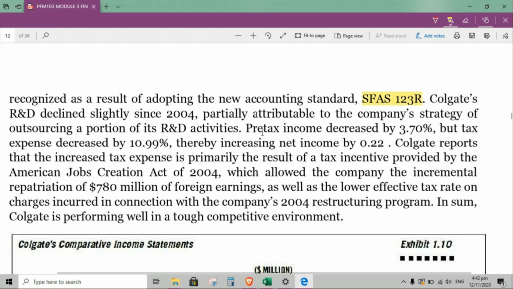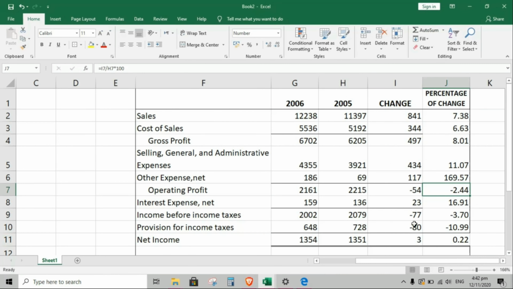Okay? So, next is the pre-tax income decreased by 3.70%, but tax expense decreased by 10.99%, thereby increasing net income by 0.22. So, yung pre-tax niya, ito, income before income taxes.